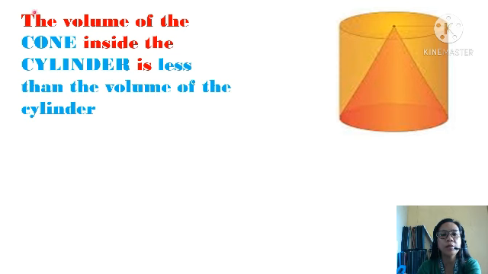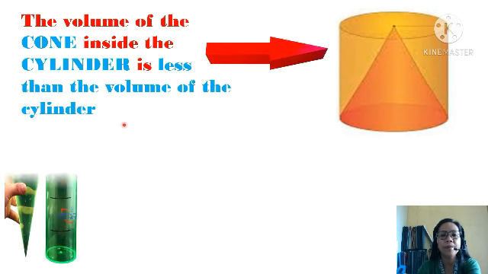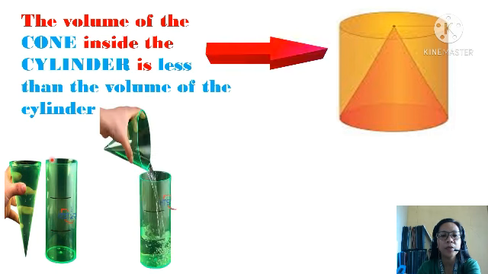So, the volume of the cone inside the cylinder is less than the volume of the cylinder. Now, let's look at this. Let's try to put water in the cone, which has the same height and base size as the cylinder. Okay, so this is it.